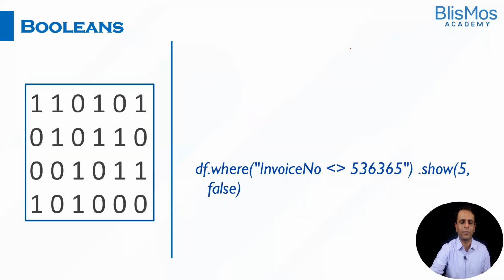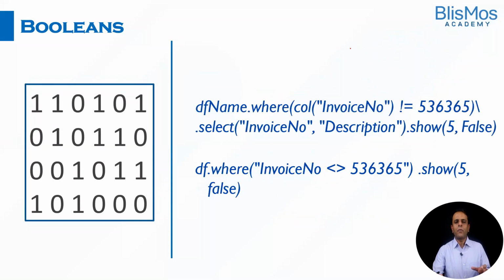Let us take an example here. This is how we use a Boolean in Spark. The data set we are using here is a retail data set, which has around 8 columns, including columns like invoice number and description.